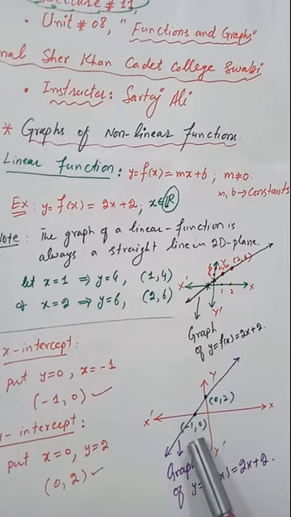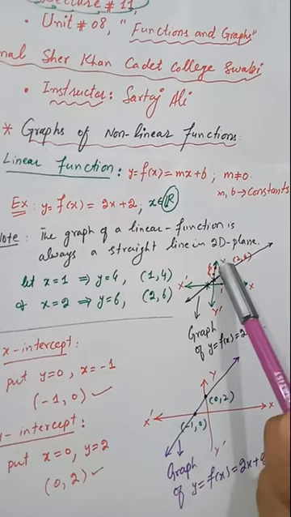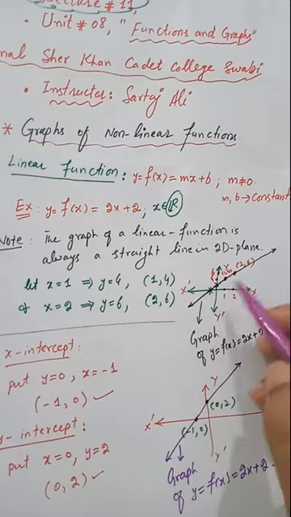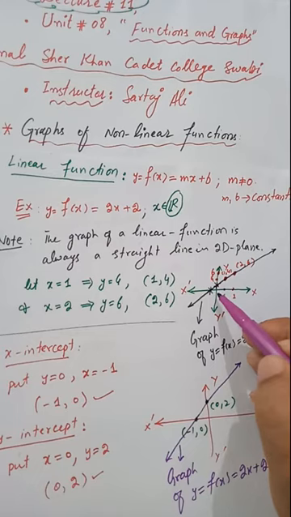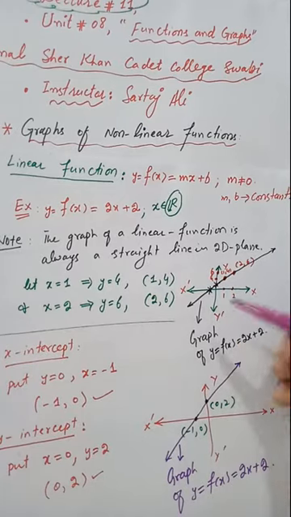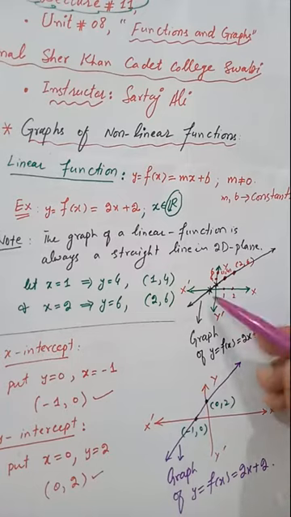But this graph is more accurate than the other, because the other graph is also correct, but there is a little ambiguity since the points at which the line passes through the x-axis and y-axis are not mentioned. So that's why it is a little bit confusing.